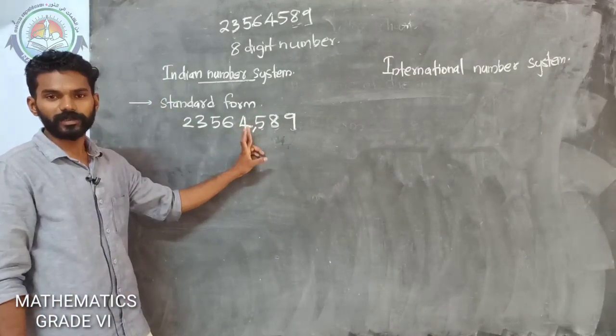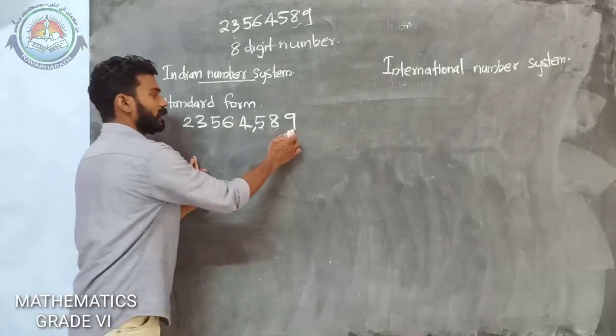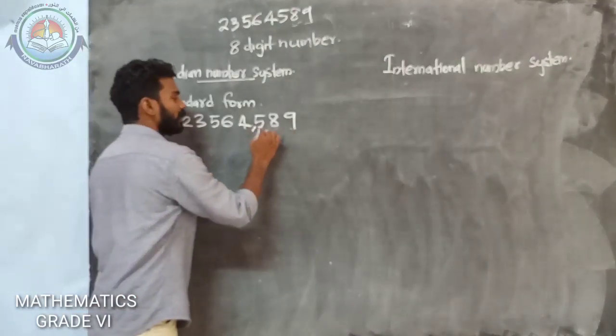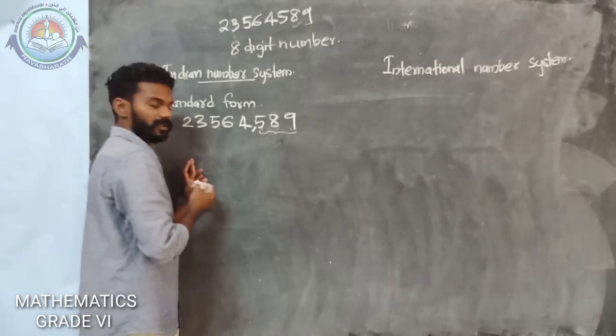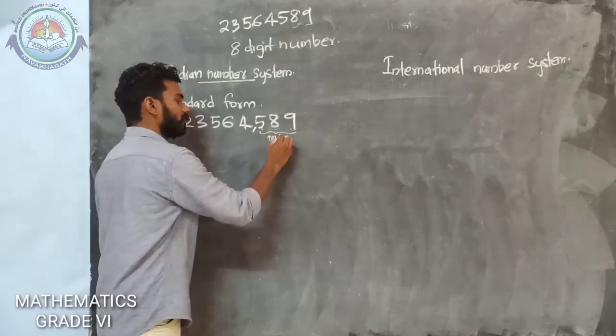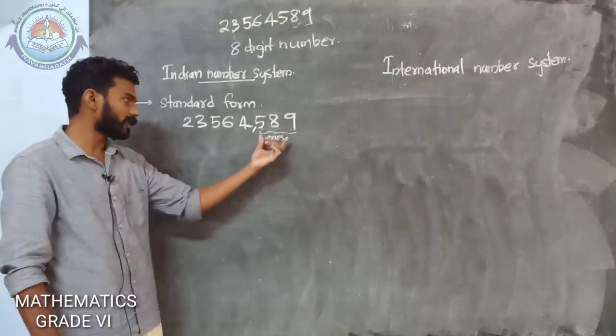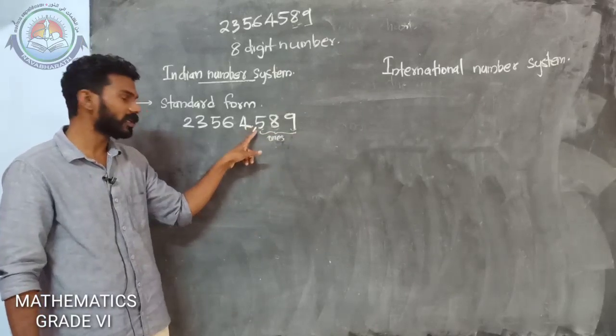Do you know why? Because these ones, tens and hundreds belong to which period? Belongs to the period of ones. So after the period of ones, you are putting a comma.